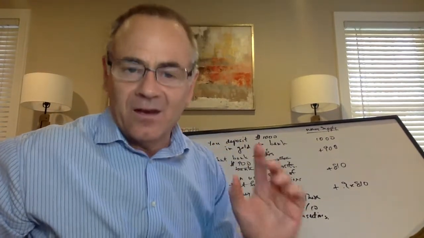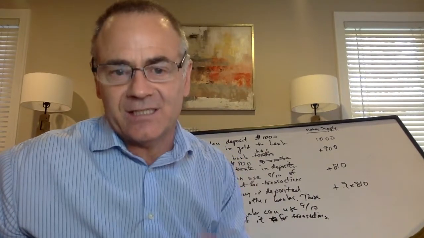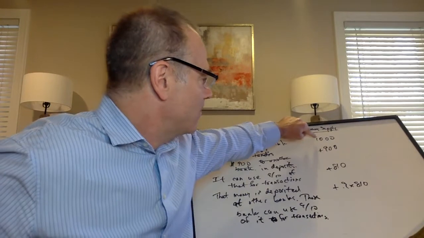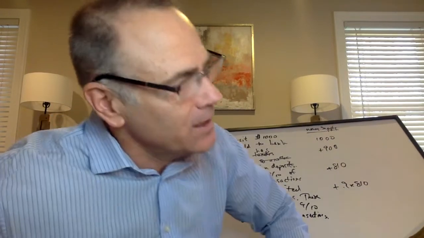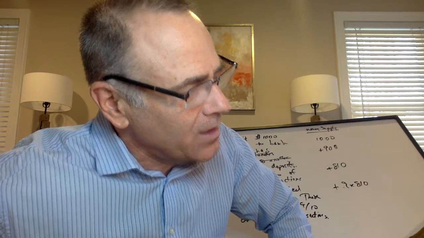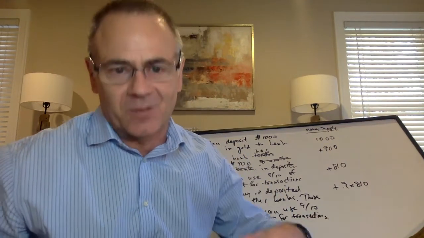Notice this is just like the frog jumping. The frog first jumps 1,000 centimeters. What did I say? I did that problem wrong. I probably should have meant 1,000 millimeters. It jumps 1 meter.